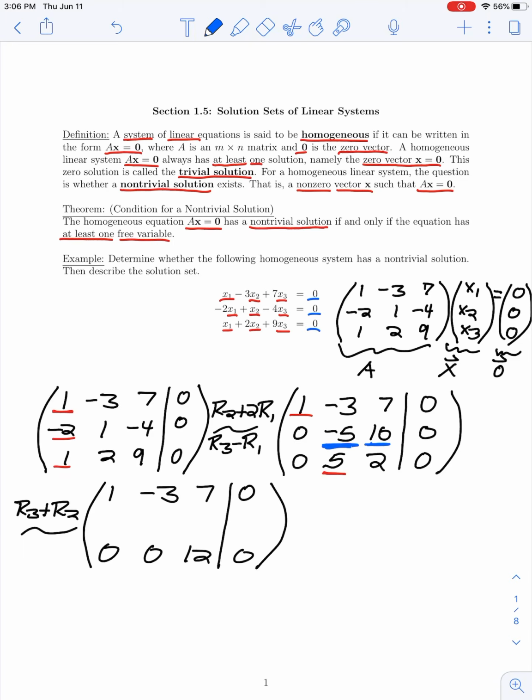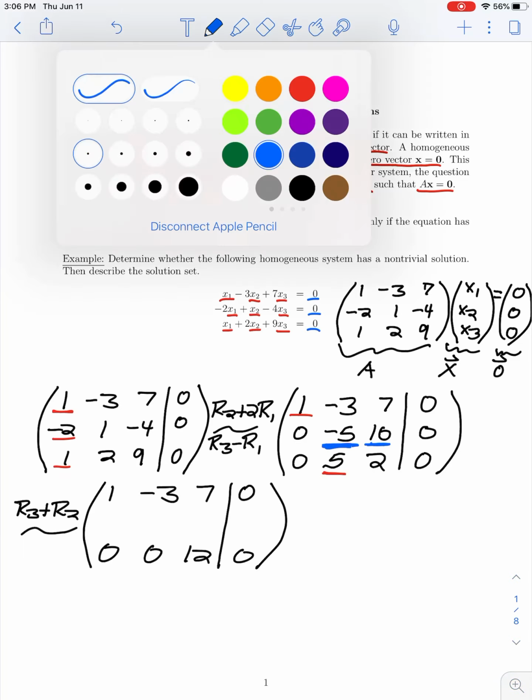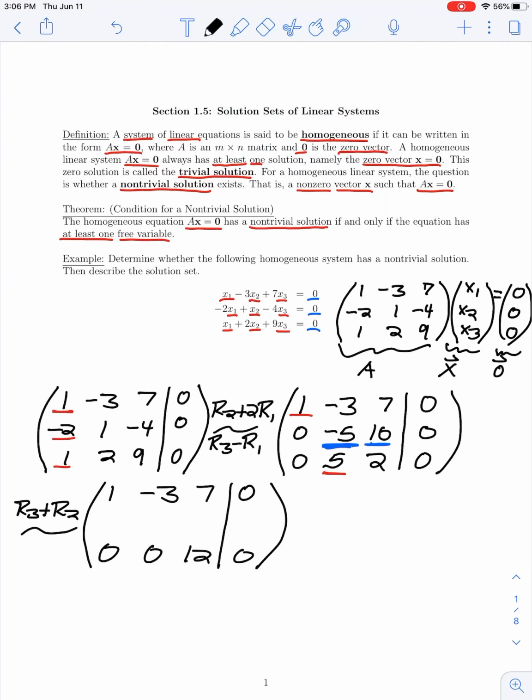So in order to get that 1 coefficient in my second row, I could divide the second row through by -5, or take -1/5 of the second row. Leaving me 0, 1, -2, 0. So we're getting a little closer to reduced row echelon form.